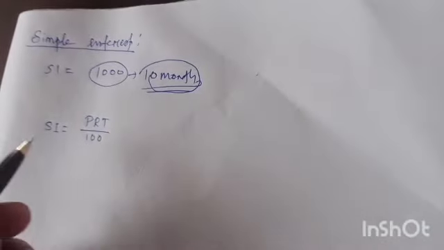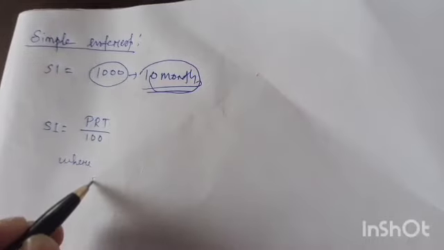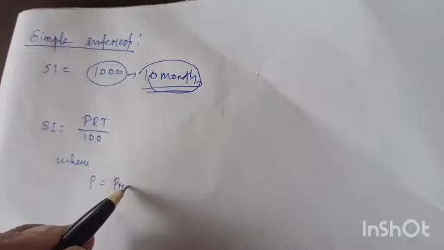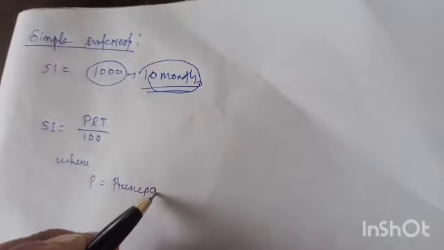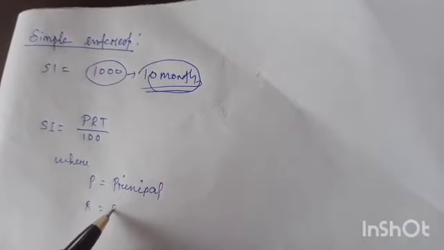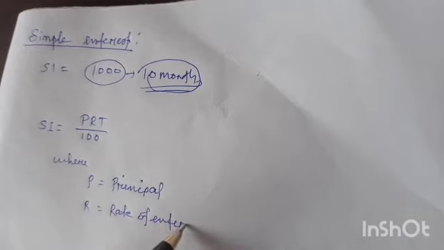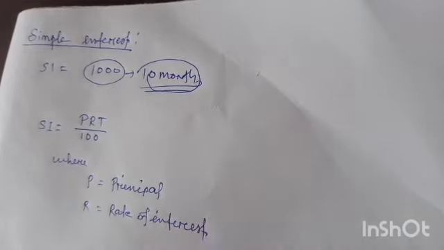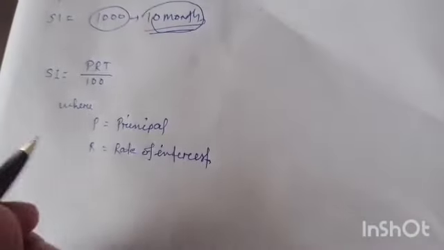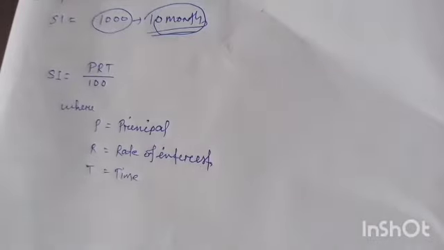SI is equal to PRT by 100, where P is the principal amount, R is the rate of interest, and T is the time for the given period.